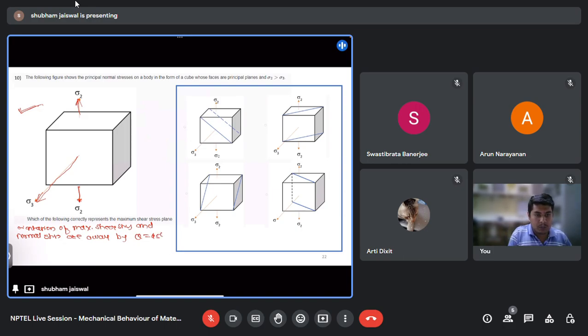So the plane should make an angle of theta equal to 45 degrees with your sigma 2 and sigma 3. Here we are applying sigma 2 and sigma 3. In the first figure, with sigma 2 it is making 45 degrees. Am I correct? But with sigma 3 it is making 90.